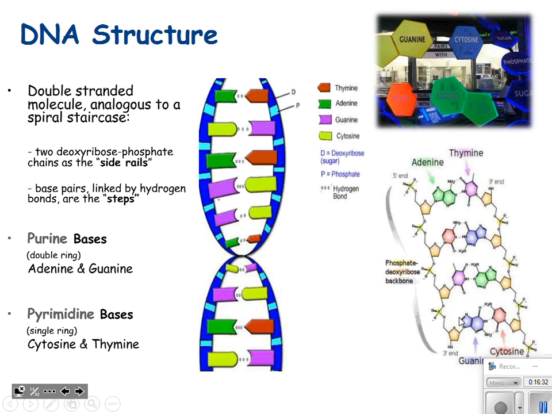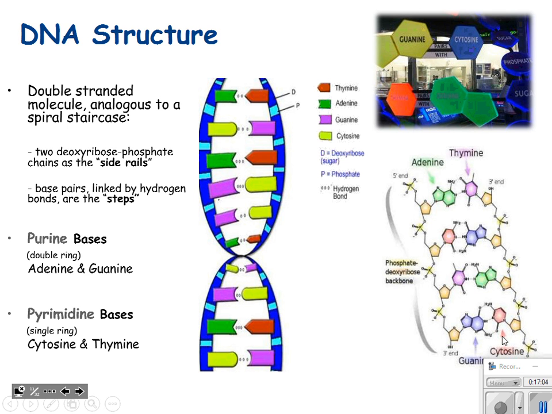Pyrimidines have single rings. Here's a single ring, here's a single ring. The pyrimidines are cytosine and thymine. Can you notice that a double ring always pairs with a single ring? Single, double; double, single.